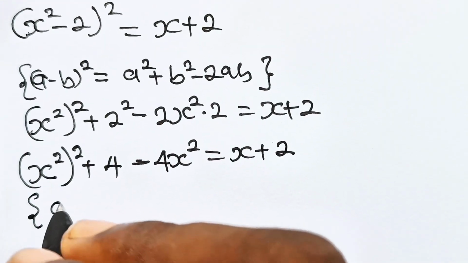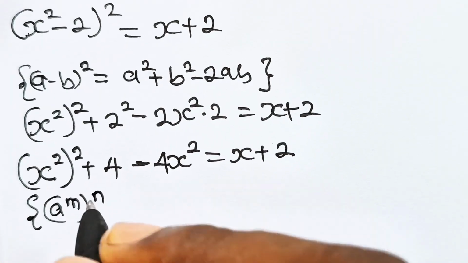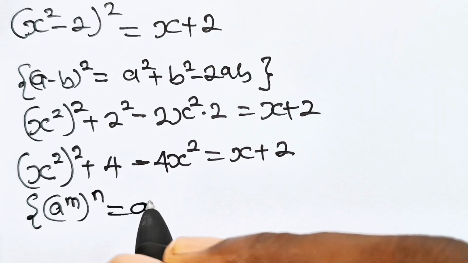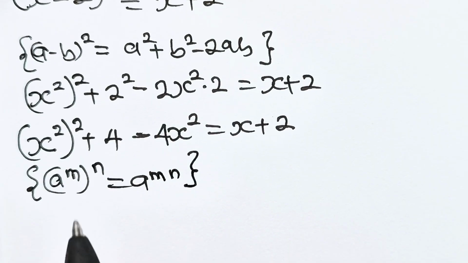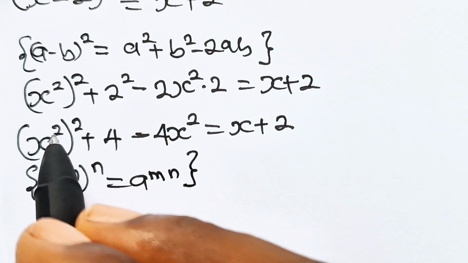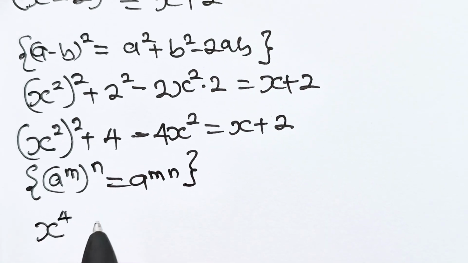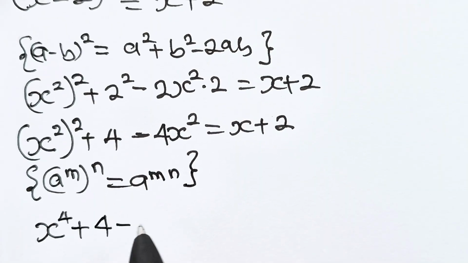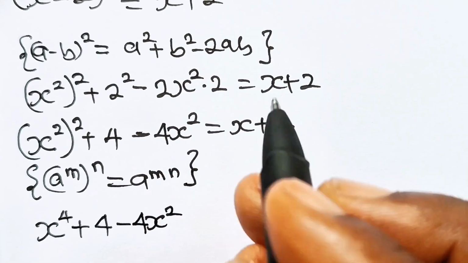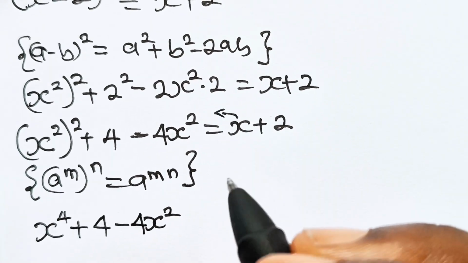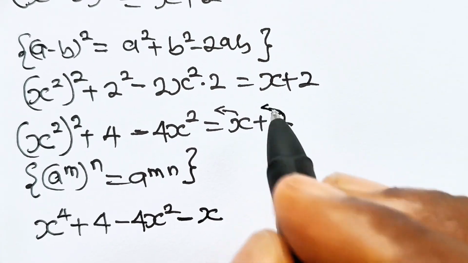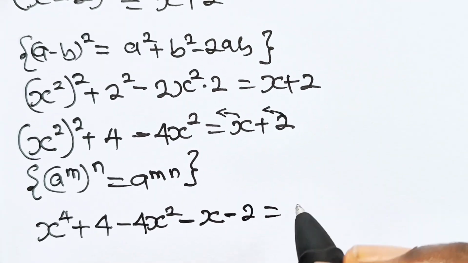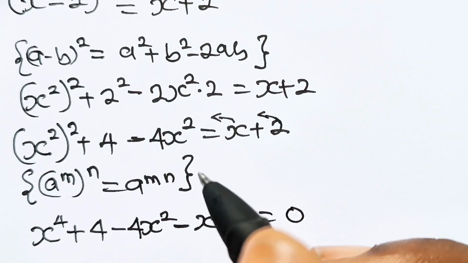Remember that a to the power of m raised to the power of n is equal to a to the power of m times n. So that means this is x to the power of 2 times 2, which is 4, plus 4 minus 4x squared. Now let's bring this to this side. Plus x becomes minus x, and plus 2 becomes minus 2 is equal to 0.